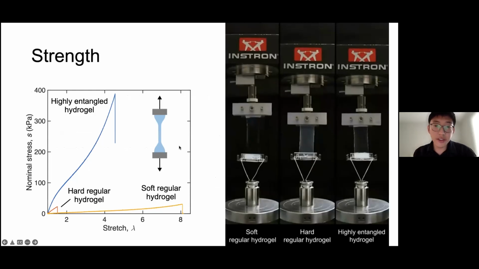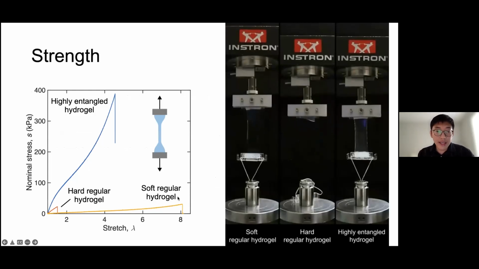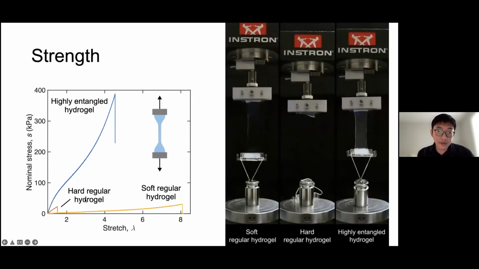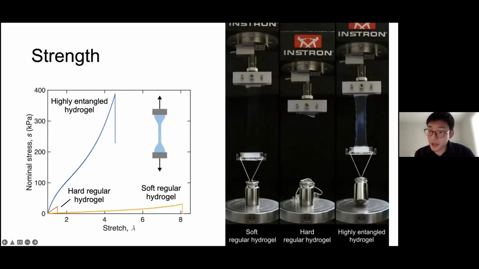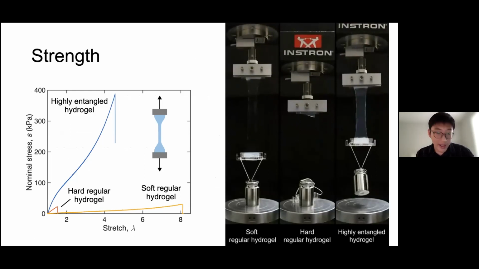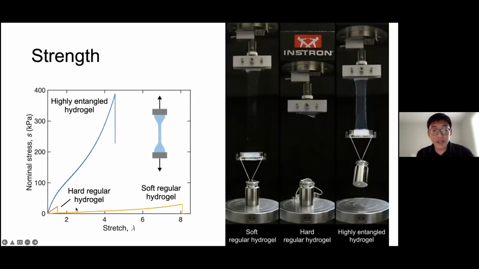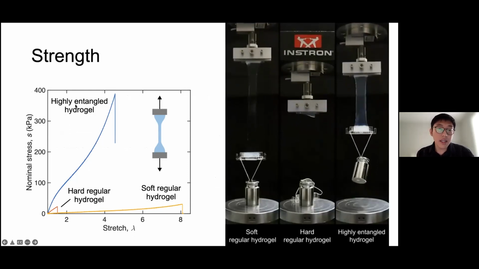And we also measured the strength. In the case of the regular hydrogel, it doesn't matter how much crosslinker you put. Those are very weak. Compared to these regular hydrogels, the highly entangled hydrogel is much stronger.